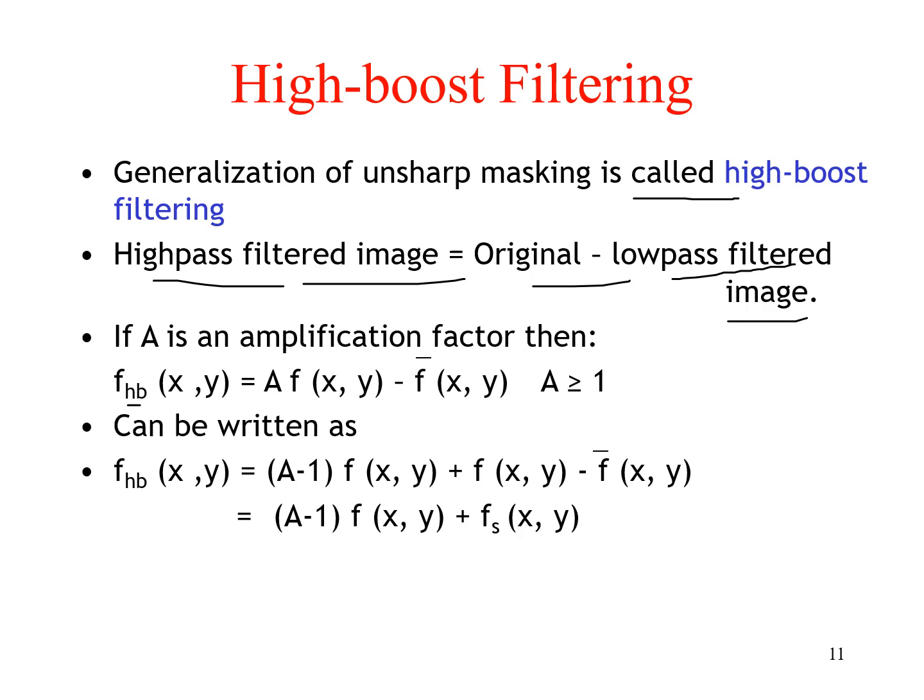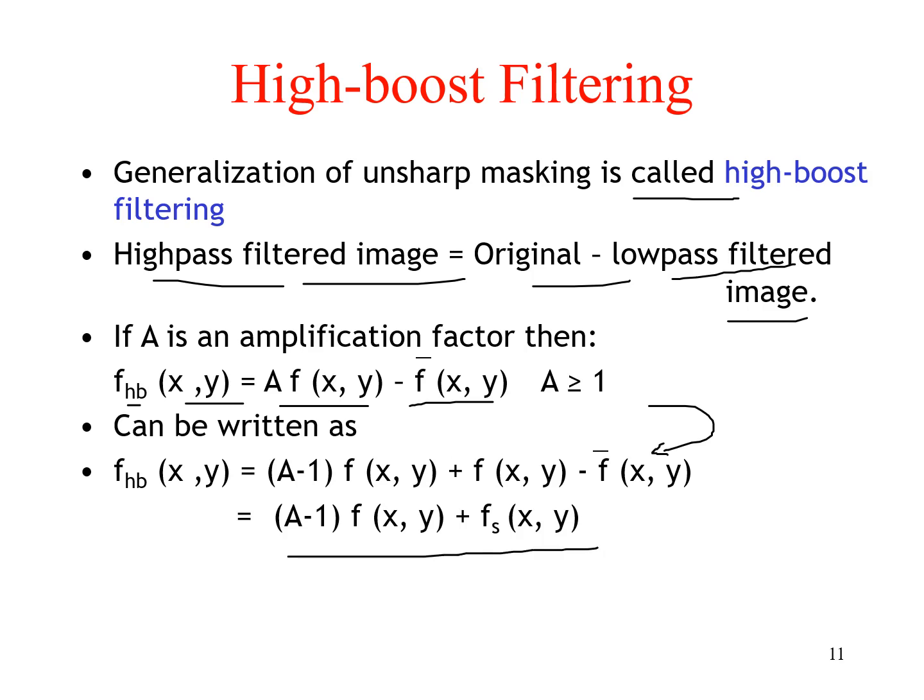So f HB of xy is equal to A times f of xy minus the blurred version of f of xy, where A is greater than or equal to 1. Can we rewrite this? We are just adding and subtracting f of xy, so I will get this.